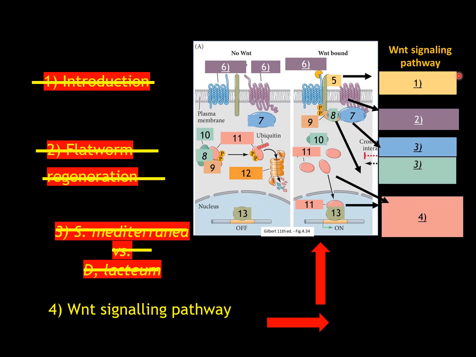So remember: receptor, then transduction of the signal through all these molecules, and then a response that could be multiple things. In this case it is a change in gene expression. All these numbers, 7, 6, 10, are multiple molecules that are interacting. They could be many molecules, but there are always going to be these 4 sections.